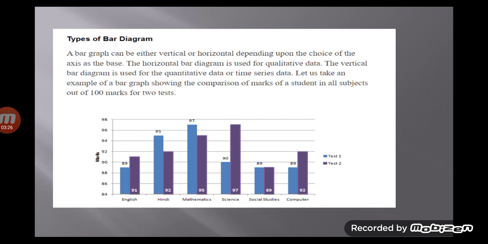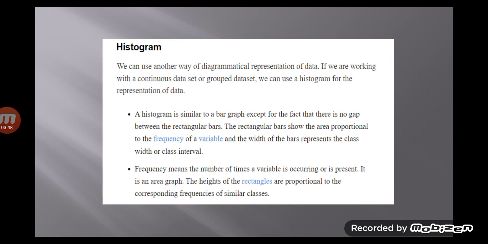For example, in English subject, in test 1 the percentage of marks is low when compared with test 2. Whereas in science, test 1 is low but test 2 is high. By diagrammatic representation, without any formulas, we can identify the results using graphs and diagrams.